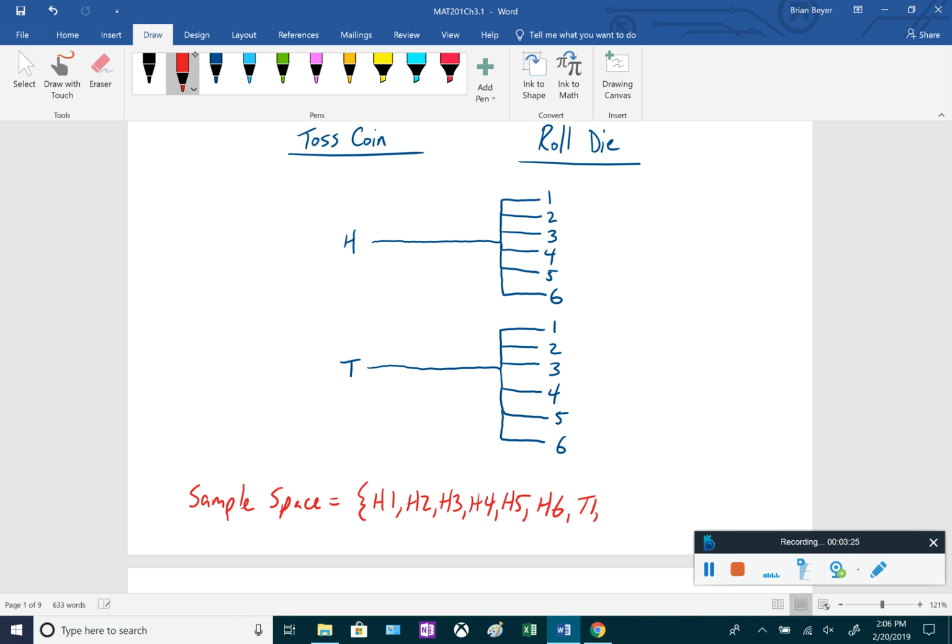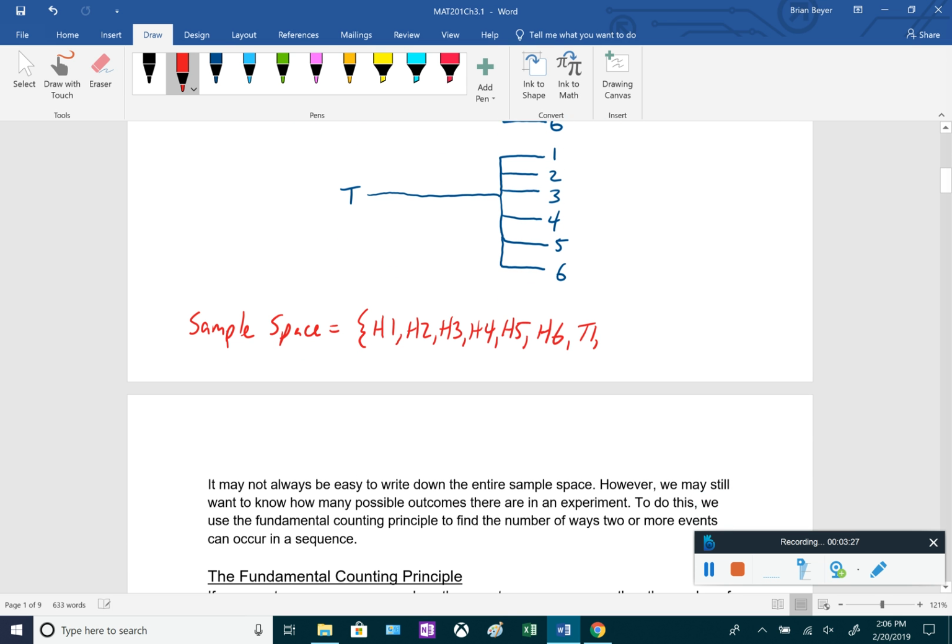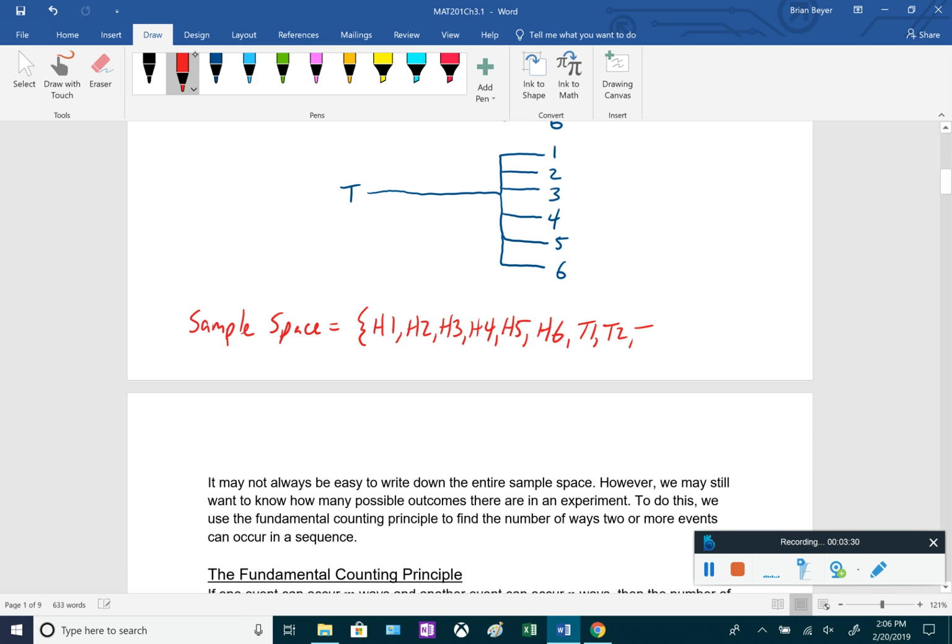And then for tails, it's either going to be tails and a 1, tails 2, tails 3, tails 4, tails 5, and tails 6. So from this experiment, this is the total possible outcomes. We can see here that there are 12 possible outcomes if we counted all of them up.